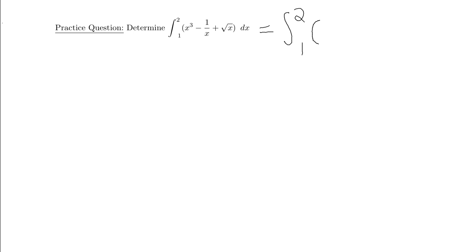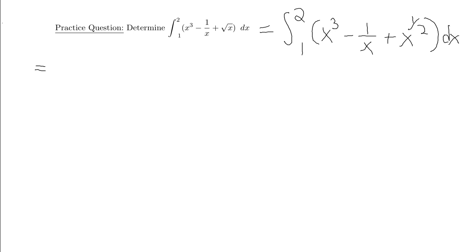And so I'm going to keep x cubed the way it is. 1 over x I'm not going to rewrite as x to the -1. If you remember in section 4.8, this is the 1 power of x that we want to keep in the denominator because its antiderivative is a ln function. But that square root of x I want to rewrite as x to the power of 1/2 dx.